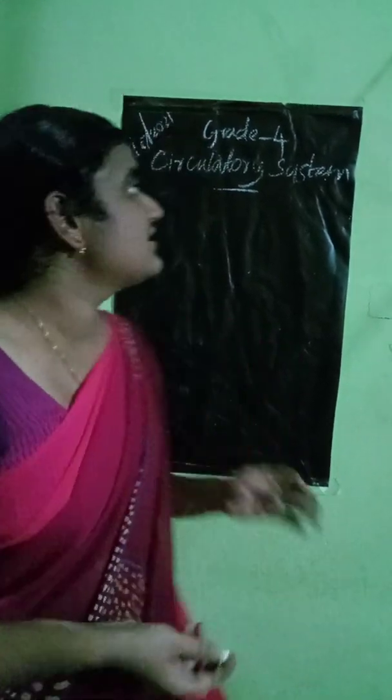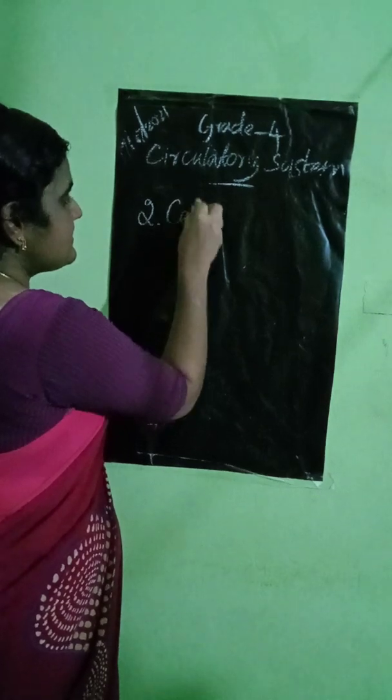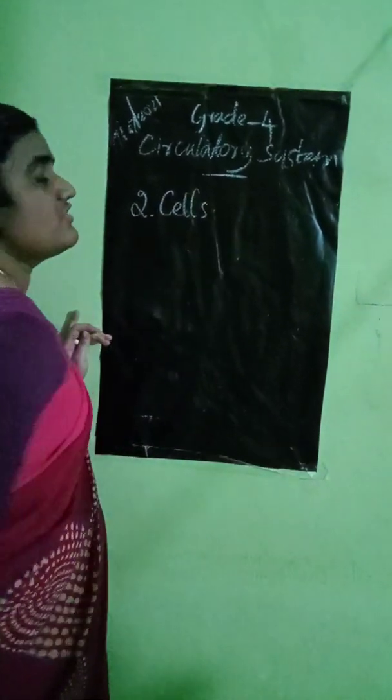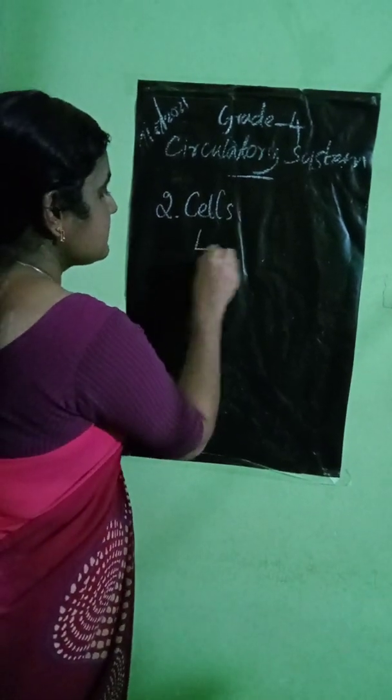Okay, children. So the second component of the blood is cells. There are three parts in cells.